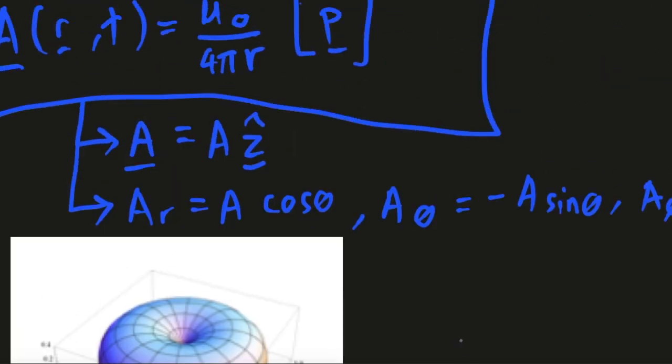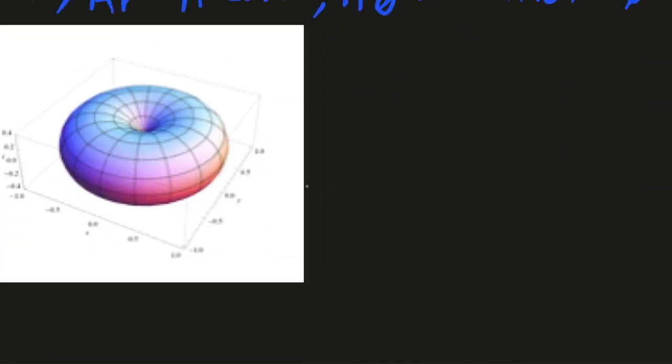So let me just go here. This is a typical angular dependence for the power radiated by a dipole. It's a torus, and we'll roughly see how we get that. So the Poynting vector is of this form.